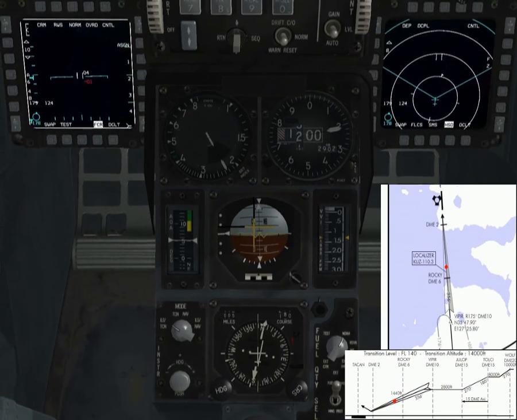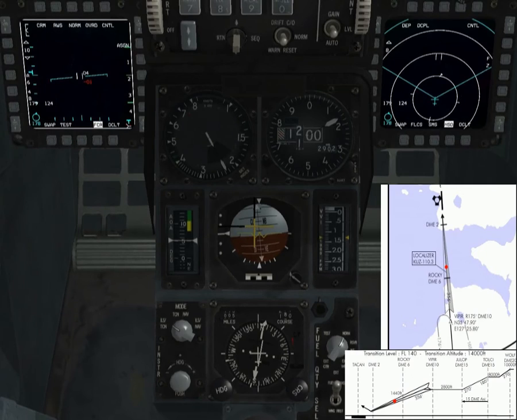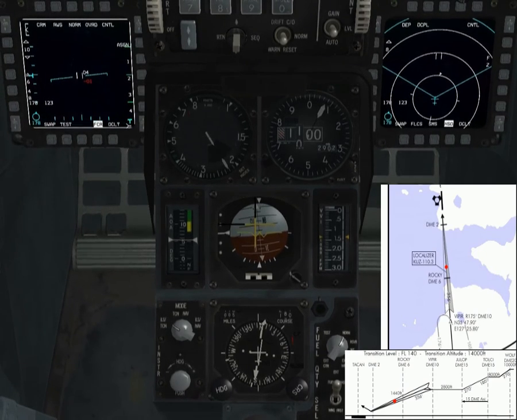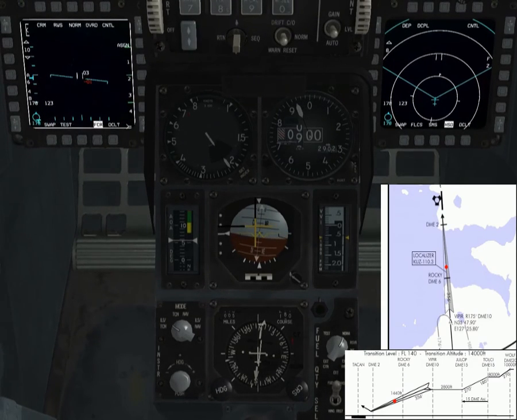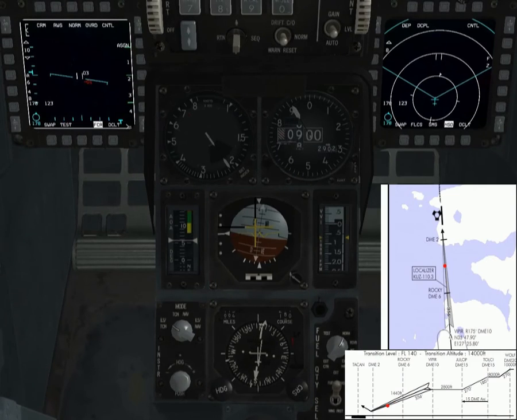5 DME, approaching center line, but a bit lower from the glide slope. 4 DME, a bit to the right and lower.